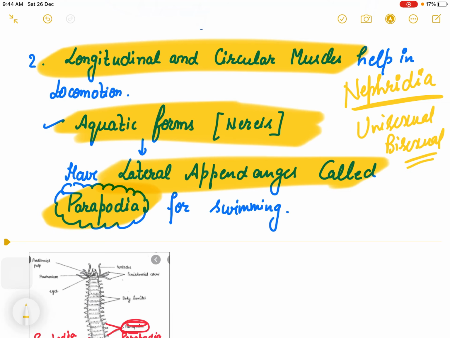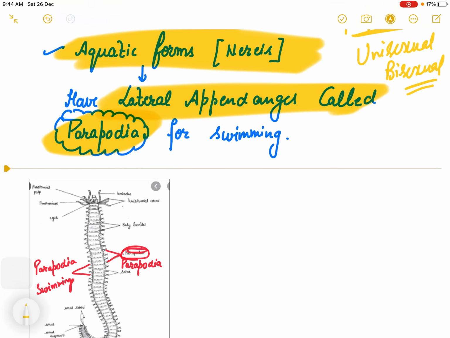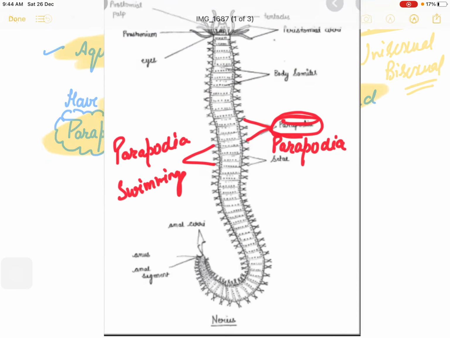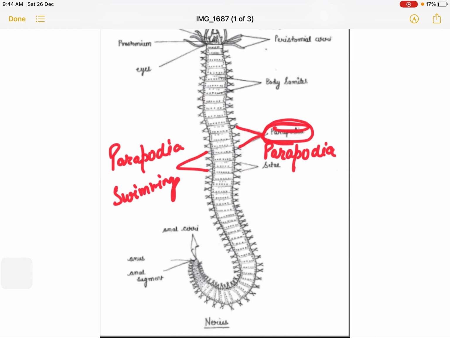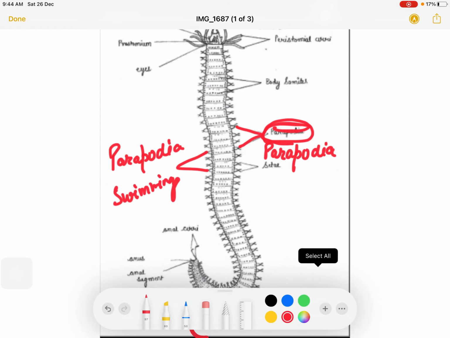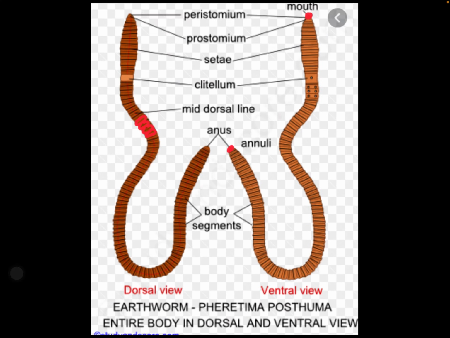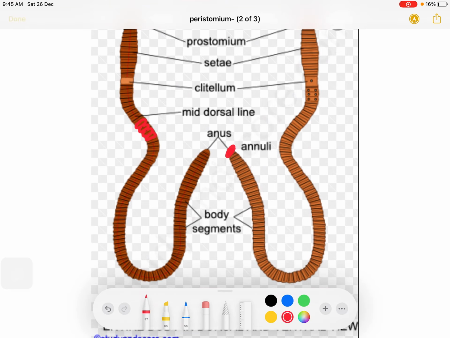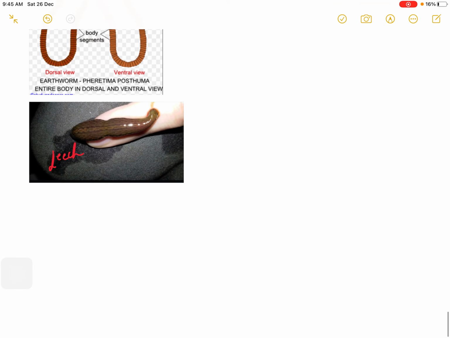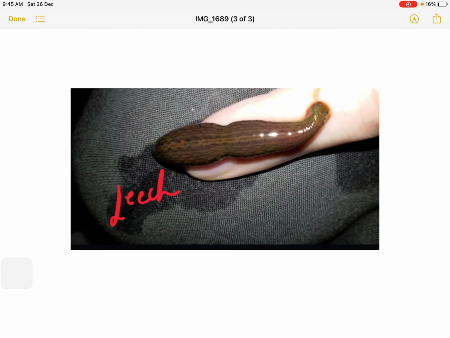So this is all about the general characteristics of phylum Annelida. As you can see, this is the structure of Nereis, which has parapodia throughout the body, and then earthworm, which has a clear-cut mouth. As you can see, this is the mouth and there is an anus, anterior and posterior, very well developed, and the very mucous, moist skin is observed in leech.